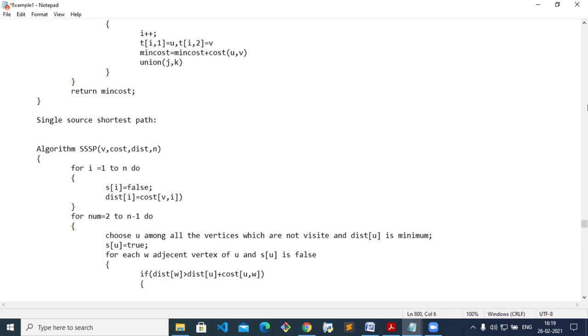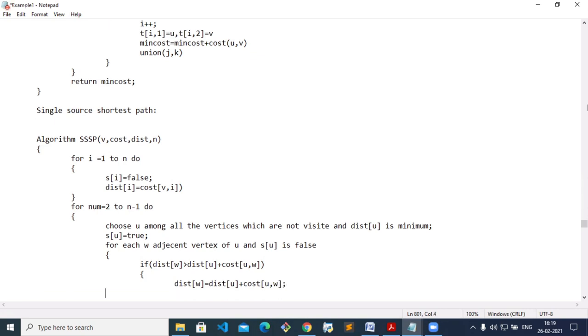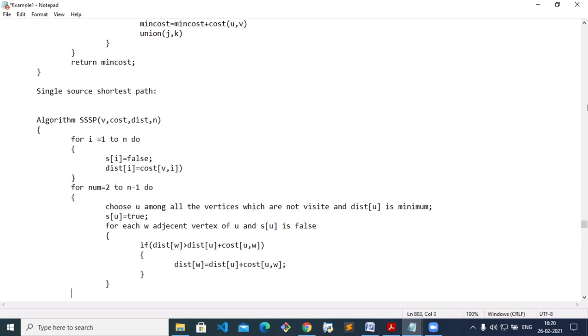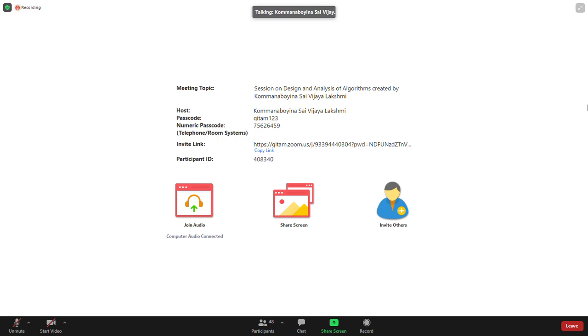We'll replace the distance: distance of W is equal to distance of U plus cost of U comma W. This is what we have to update. This is the only thing we have to do in this algorithm. Is it clear, ma? We'll solve the problem also.